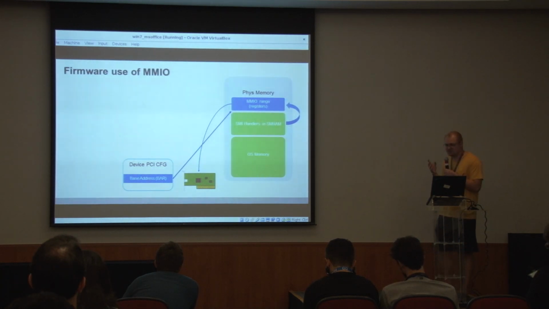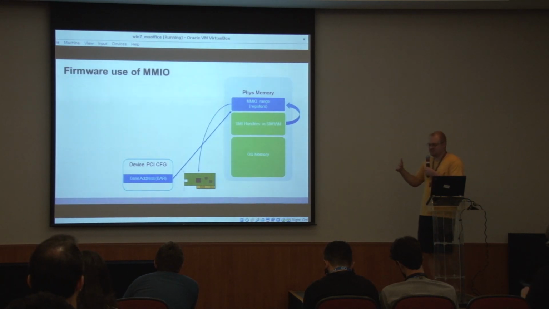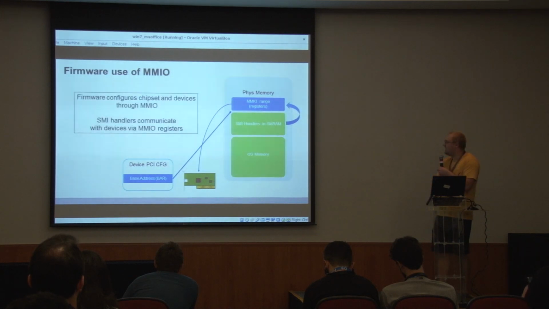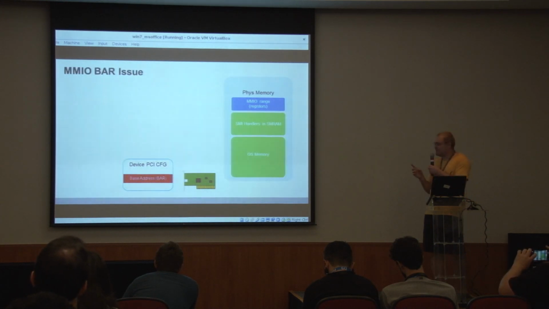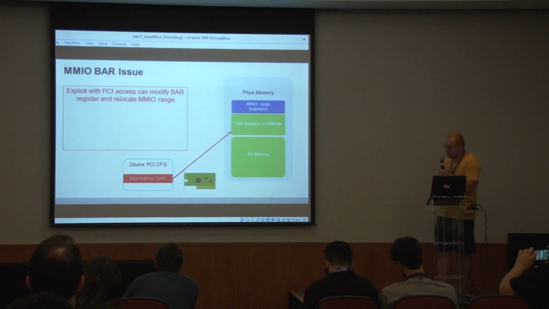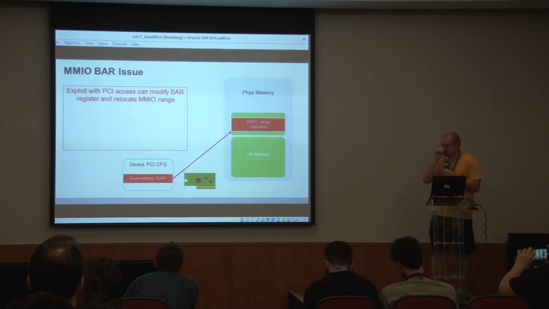But in many cases, the MMIO BAR is not locked because they allow the operating system to relocate the BARs to increase the flexibility of the system, because it's not an SoC. In an SoC, you need to have a constant, but here you don't. Anyway, because of this, an attacker may overlap this MMIO BAR with SMM and build an attack on top of this.